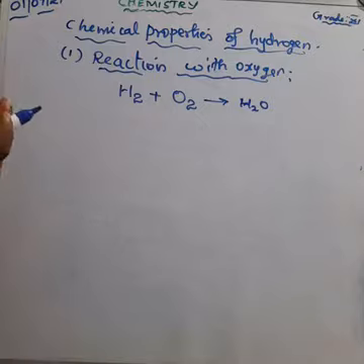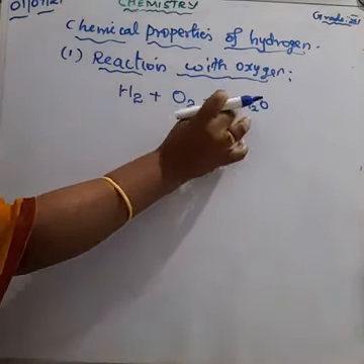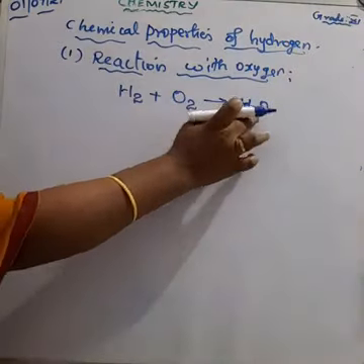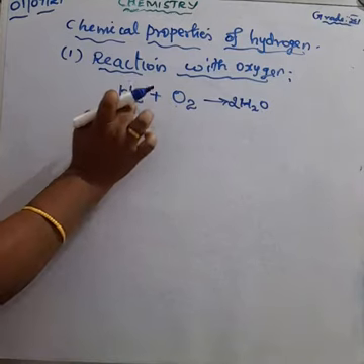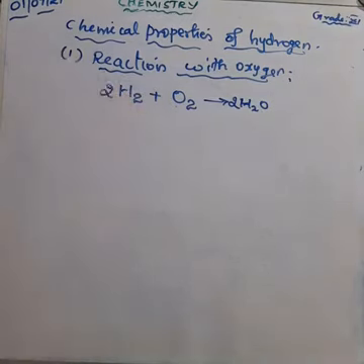But oxygen here 2, and here only 1 oxygen, so we make it 2. Now oxygen is balanced, but hydrogen, 2 twos are 4 hydrogens, so we have to make it 2 twos are 4. The equation is balanced.